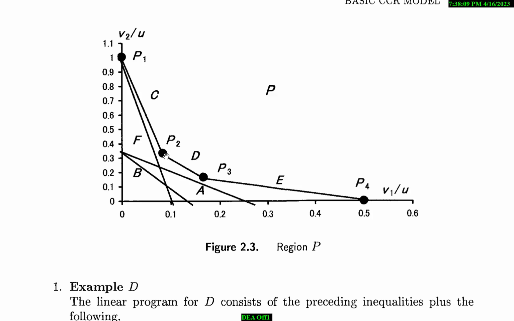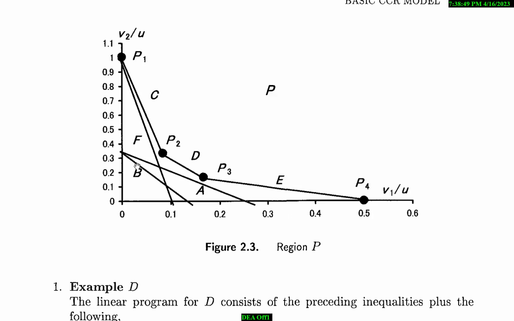But we also have P2 with positive weights as another optimal solution which optimizes the efficiency of C. And we have the same for E. So E, C and D have optimal solutions with positive weights and their value is equal to 1. So these are efficient.